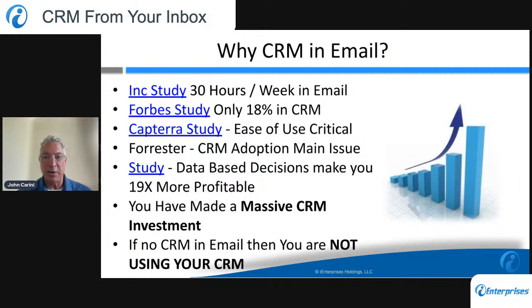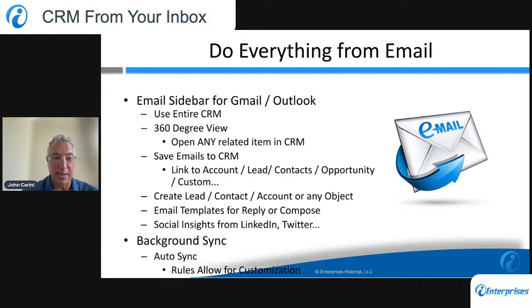And what we're doing with both the CRM information in your inbox and ChatGPT is we're giving you more information right inside your inbox, so you can make those data-driven decisions, and hopefully that makes you sell more and more profitably. So bottom line, you've made a massive investment in CRM, and if you don't have CRM in your email, you're just not using it. That's my opinion, but I think it's true.